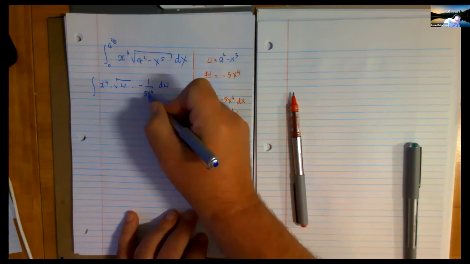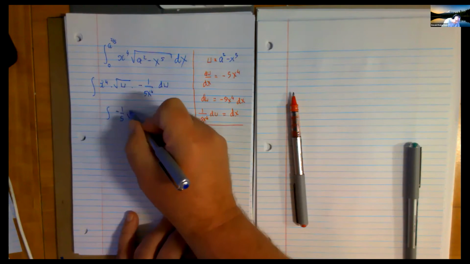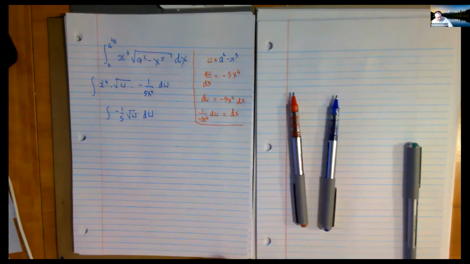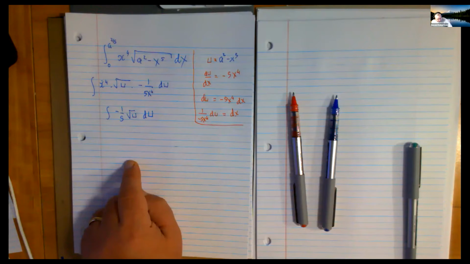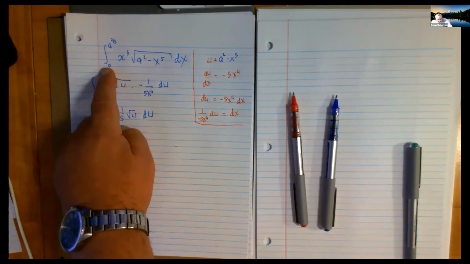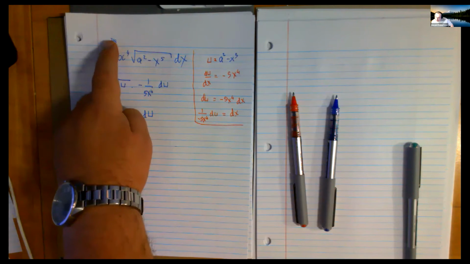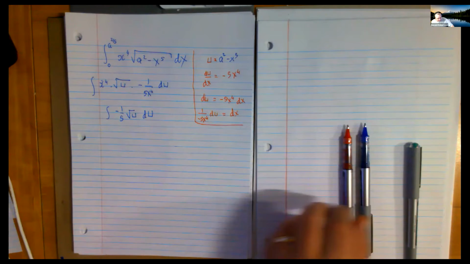Those cancel as they should, and you end up with negative 1/5 square root of u du. Shouldn't you be able to integrate that now? Turn it into u to the half, do all your good stuff, convert it back to the x's. In this case, when you're finished, you're going to do x equals 0 and x equals a to the 2/5, and you'll get actually quite a nice answer at the end.